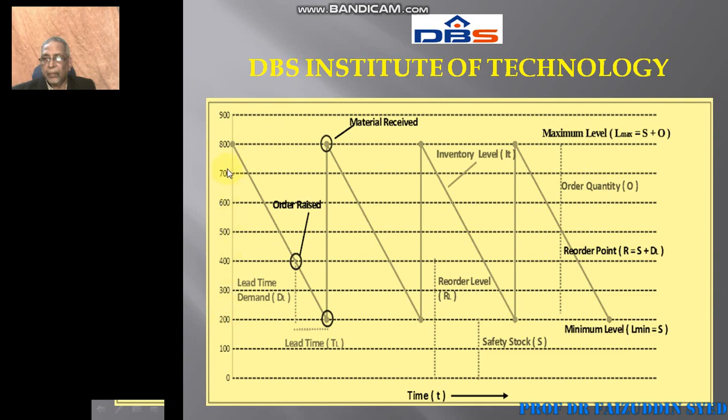Then we began to use this material every day. From this 800 tons, a slant line began to come down. When it reached 400 tons, there we took a point on the x-axis by drawing a vertical line, and we ordered the material.